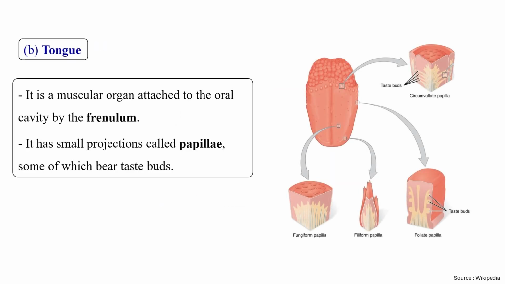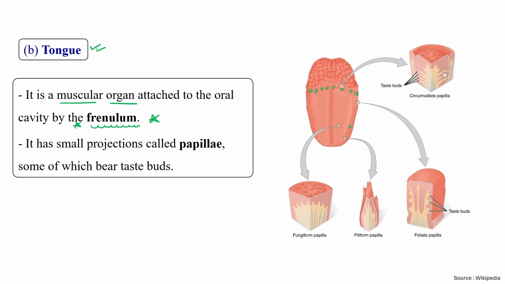Now, the first part, teeth or tooth structure, we have already discussed. The next part present in our oral cavity is the tongue. Okay, as you can see in this particular picture, this is the tongue. It is a muscular organ which is attached to the oral cavity by a structure known as the frenulum, and it has certain kinds of projections.